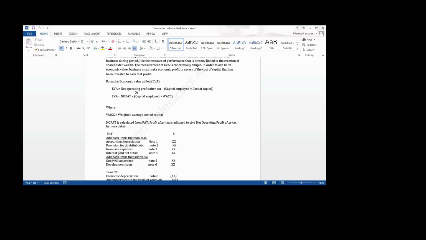This aspect, students, you cannot memorize everything to be added or to be deducted. But you can have a basis. What is the basis for adding? What is the basis for deducting?